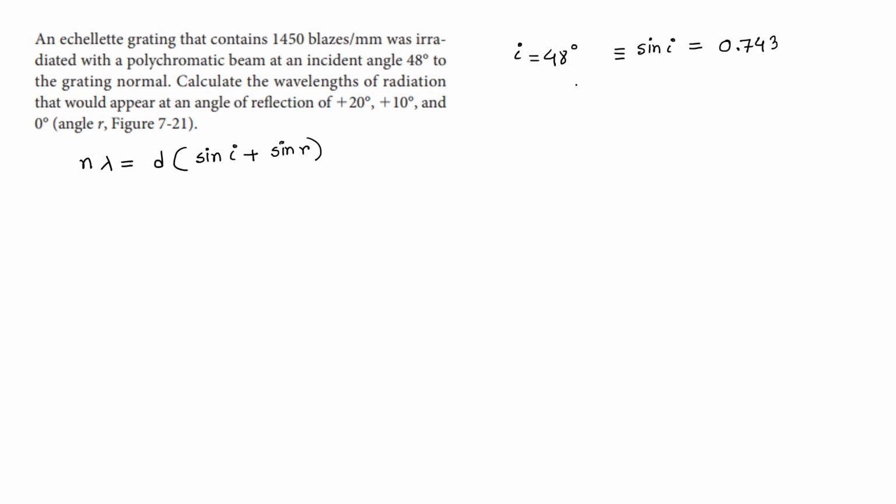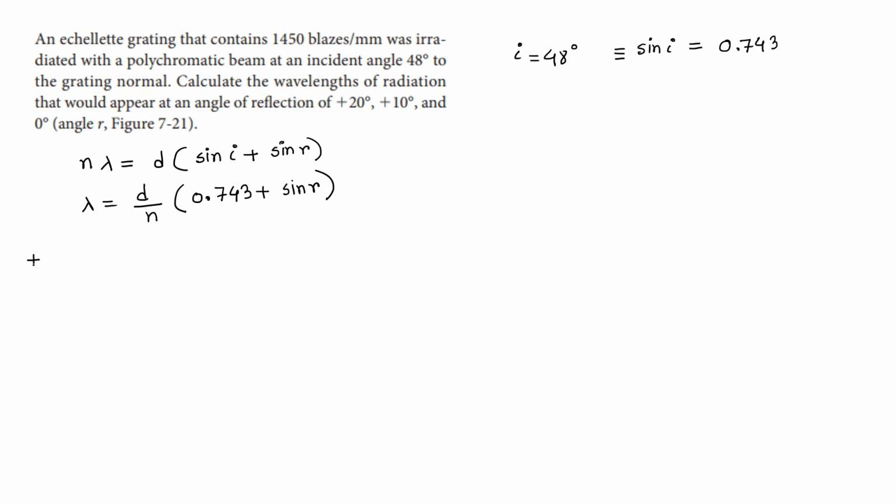Okay, and what do I need to calculate? Calculate the wavelength. So the wavelength is going to be d by n. Sin I we now know 0.743. Now sin R. Sin R is your reflected angle, which is given plus 20, plus 10, and 0.